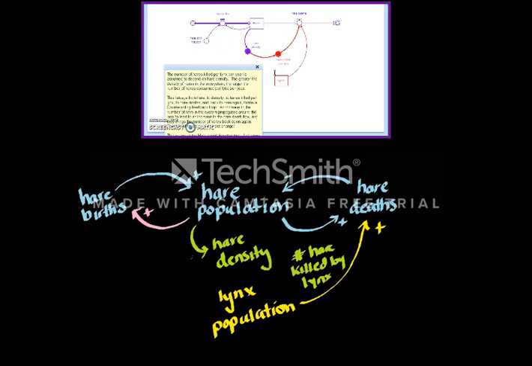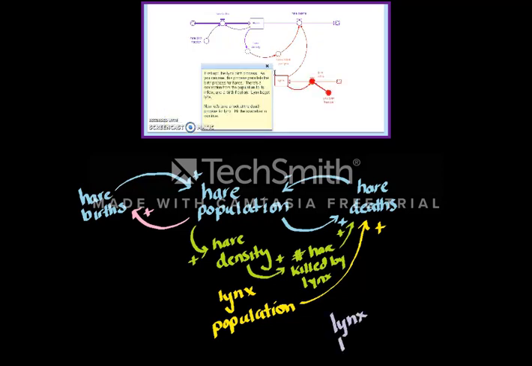If we have a bigger population, then our density is going to increase. We're going to have more rabbits living in the same area. If we have more rabbits, it's going to be easier for our lynx to hunt. So that means we're going to have more rabbits killed by our lynx. If we have more rabbits killed by our lynx, that means we're going to have more deaths. So all of these are direct relationships. One goes up, the other one goes up. So they're all symbolized by a plus when I draw my arrows.